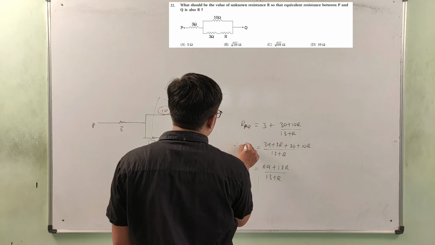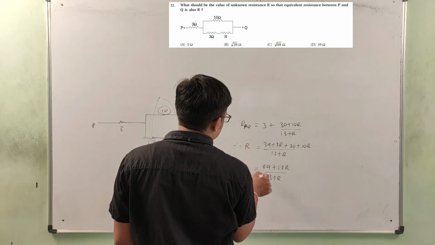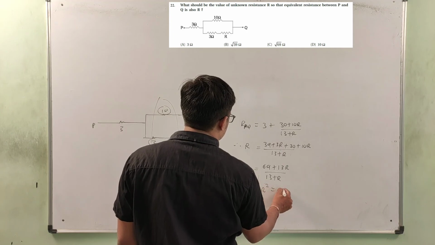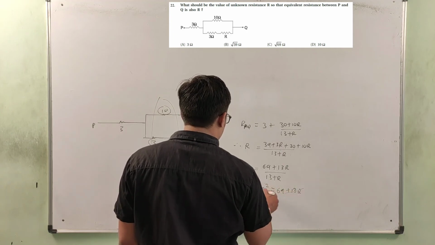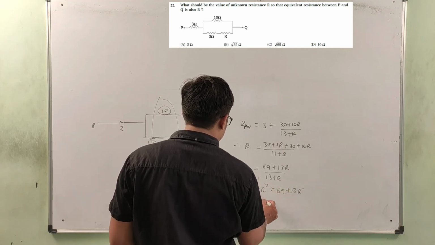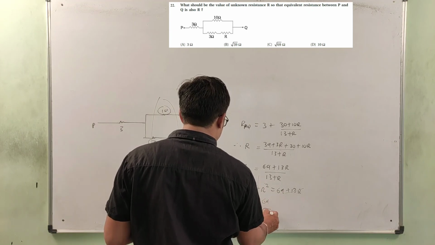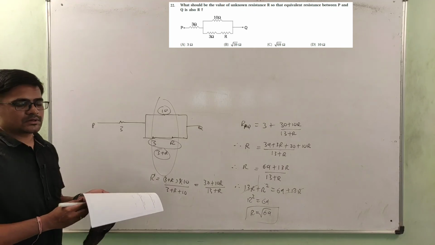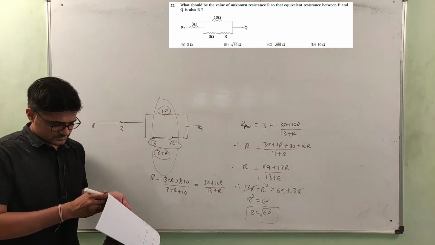And the resistance between P and Q is also R. So multiplying, 13R plus R square is equal to 69 plus 13R. 13R cancels, so R square is equal to 69. So R is equal to root 69 is our answer.